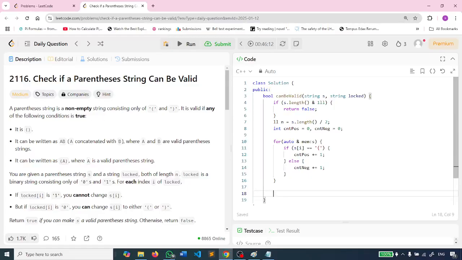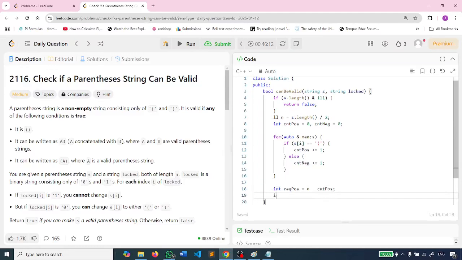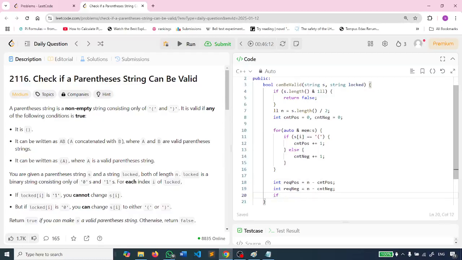Right. So now we actually also need to do a few more checks. So int rep was equal to n minus the count, int retneg equal to n minus hotneg. If rec, if any of these is less than 0, we have to return false.